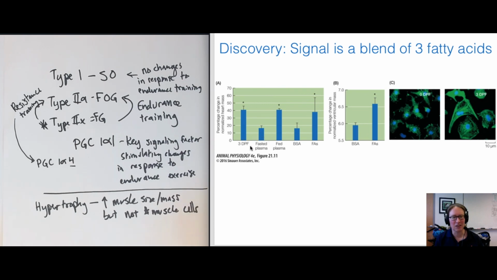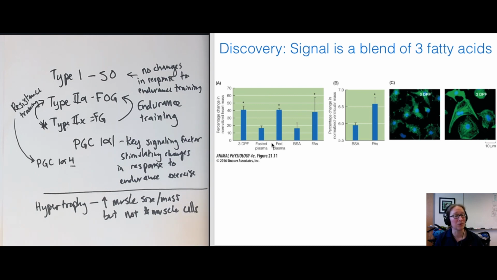The next bar here is the cardiac muscle size in pythons that were injected with plasma from a fasted python. Notice if a python is fasted and receives fasted plasma, you don't see this major hypertrophy response. However, when pythons were injected with plasma from a python that had recently acquired a big meal, we see this type of hypertrophy response.